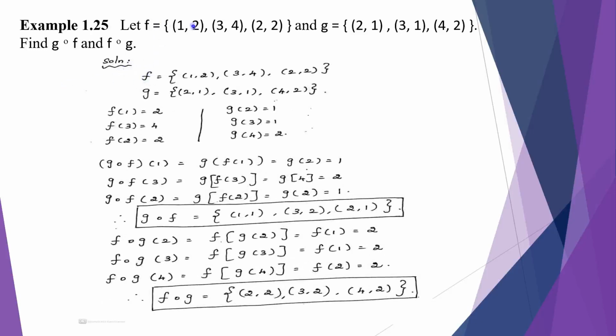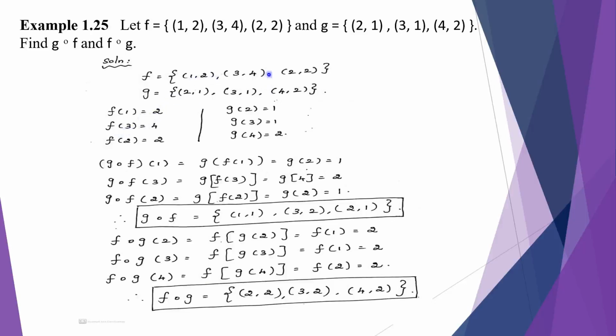For that, first we write the given two. F is the set of all (1, 2), (3, 4) and (2, 2) and G is the set of all (2, 1), (3, 1) and (4, 2). So how can we write this? In F, if we substitute 1 for x, we will get the answer as 2. So that must be written as f of 1 equal to 2. Substituting 1 for x, we get 2 for y.